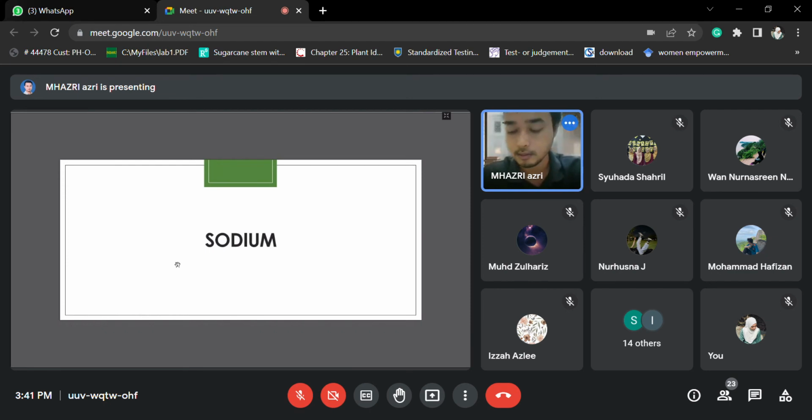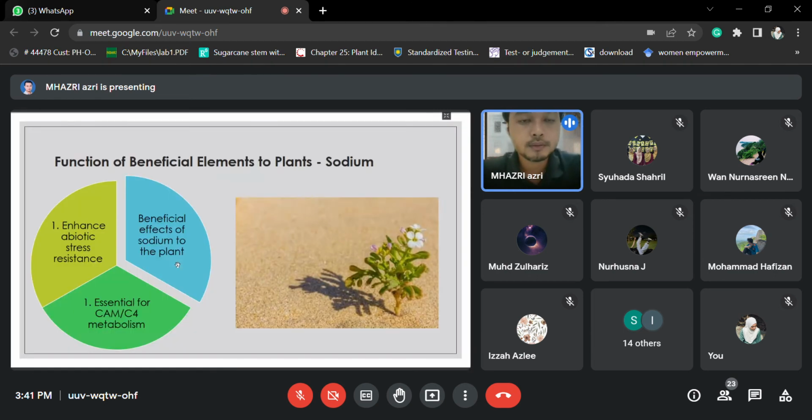Okay, so next beneficial element is sodiums. Okay, so sodiums biasanya can be uptake by plant in the form of Na plus, sodium ion. So what is the functions of sodiums in plant?